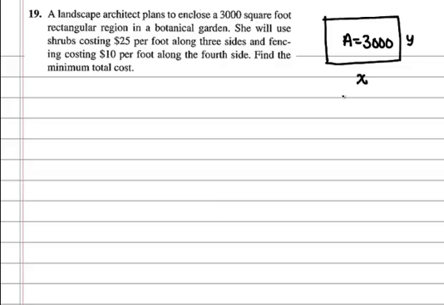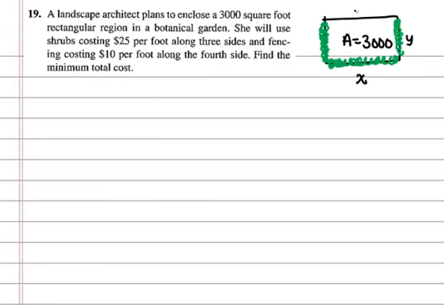And we have shrubs that are going to be lining up 3 of the sides, so I'll denote that on the diagram. And then finally, we have one side that is a fence. So I'll go ahead and label those other sides with our variables here.